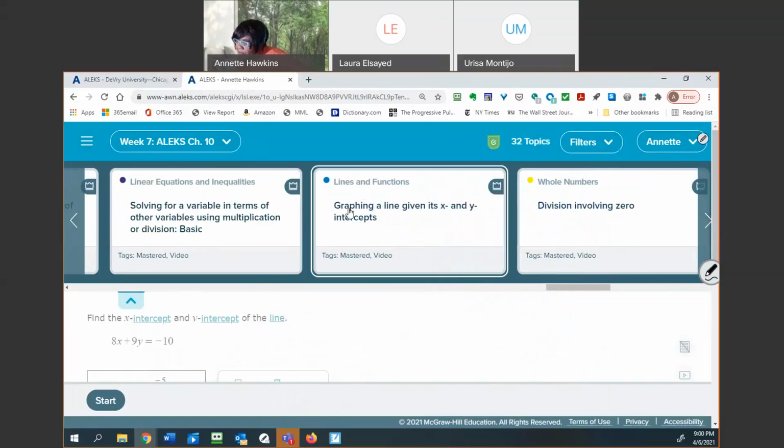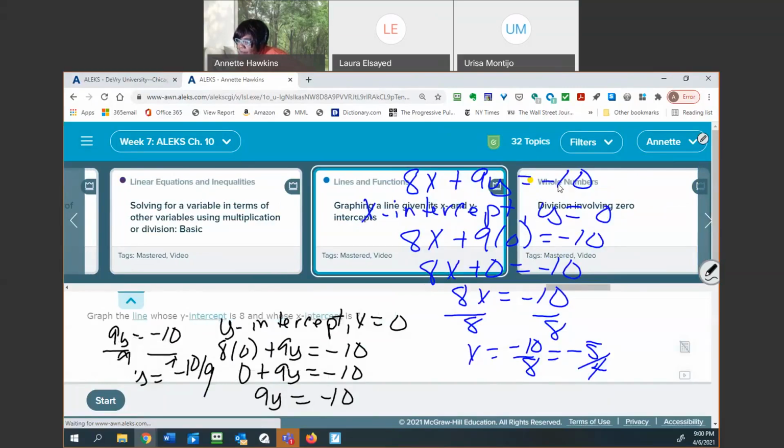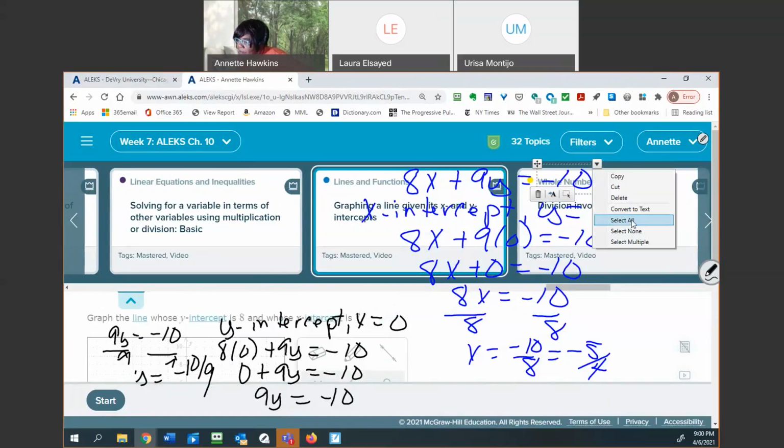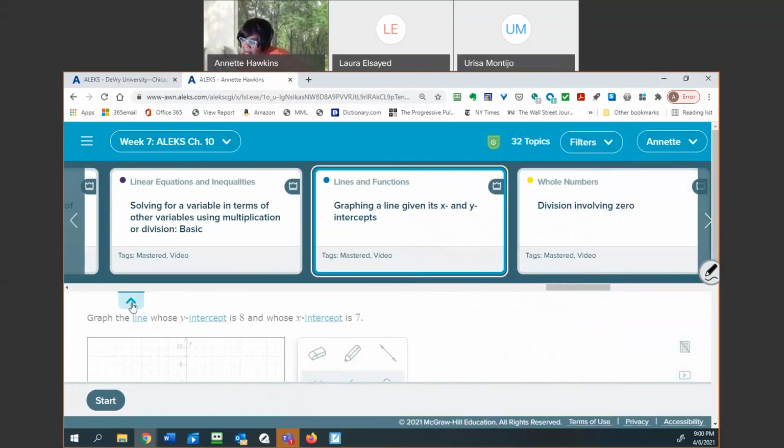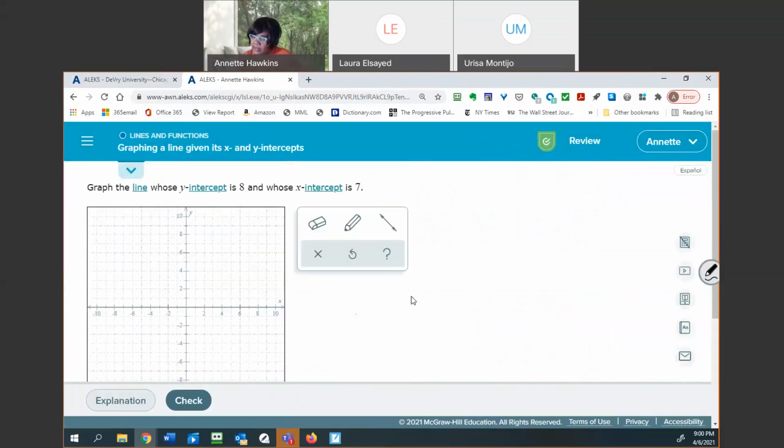Here we go. All right, it says graph the line whose y-intercept is 8, whose x-intercept is 7.